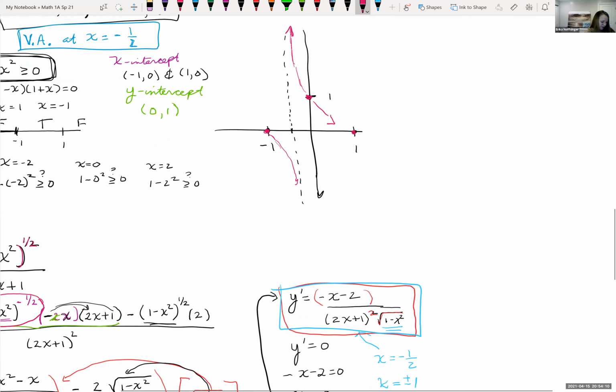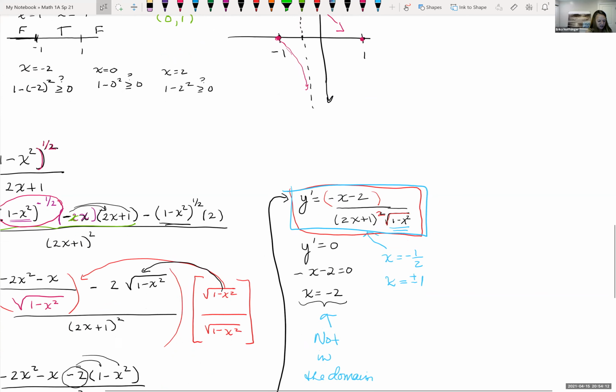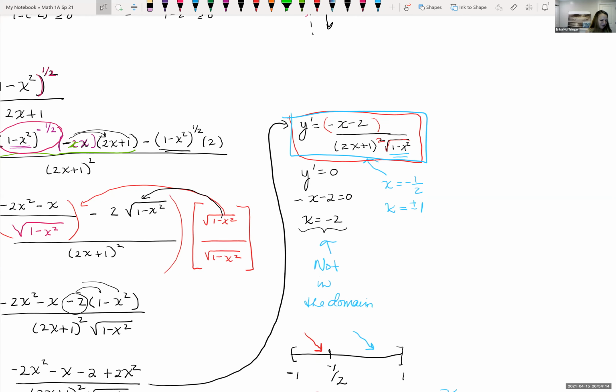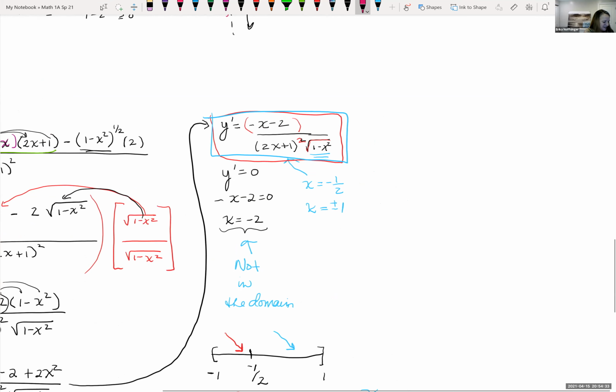Okay, I'm looking at that function. My first derivative, I'm thinking, oh, we have to use the quotient rule, and we have to use the product rule within that. Okay, so I can cry about it a little bit, but I got to do it. So it's not bad.